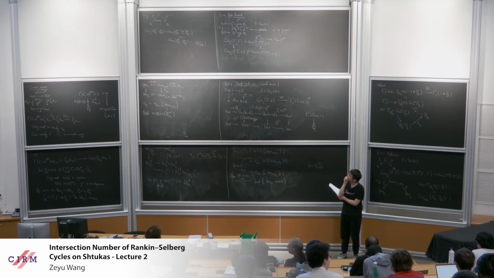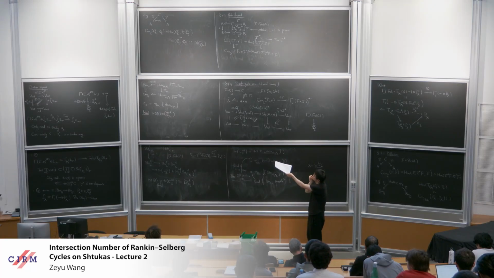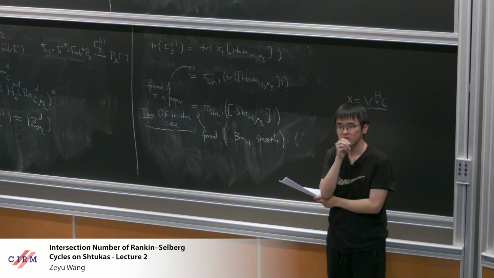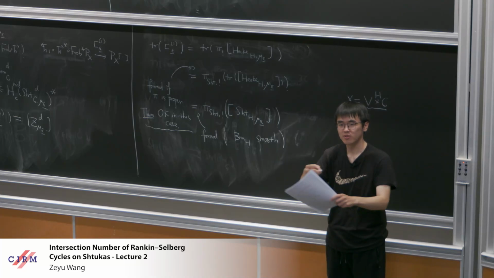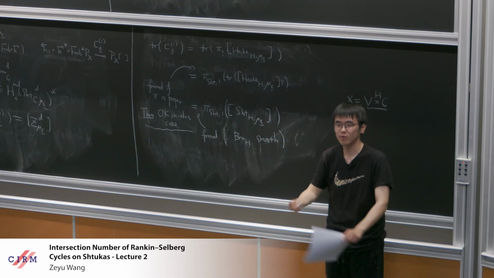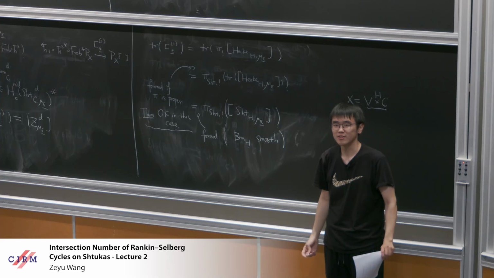I think the only thing I can see is that you can really refine this construction to define some Chow cycles, but I don't know. Say, for example, if you take intersection of Chow cycles, it's the same as taking intersection of cohomology classes. I don't know if the cycle thing gives you some new invariant.